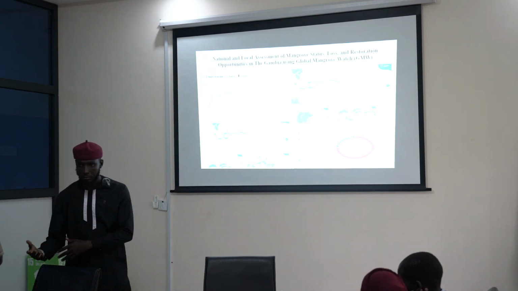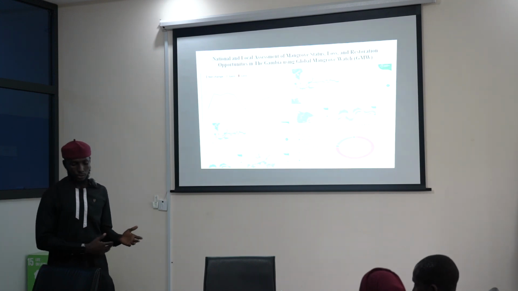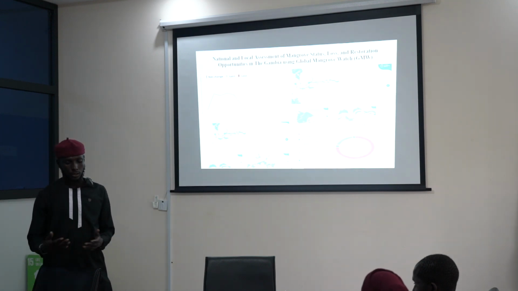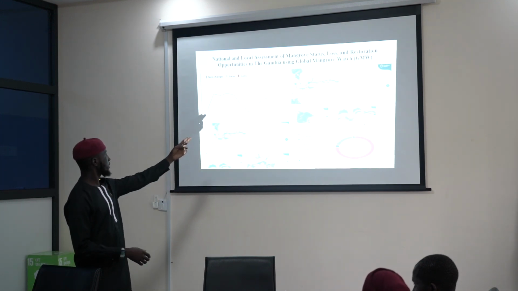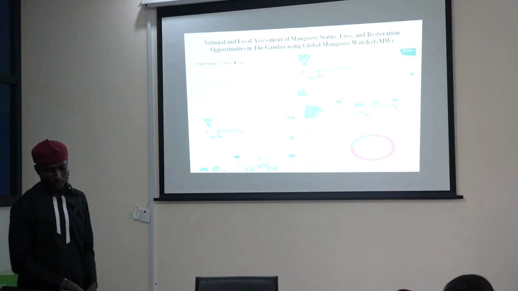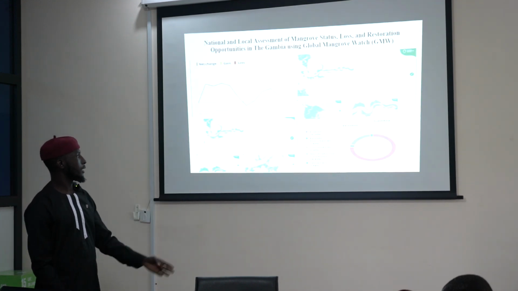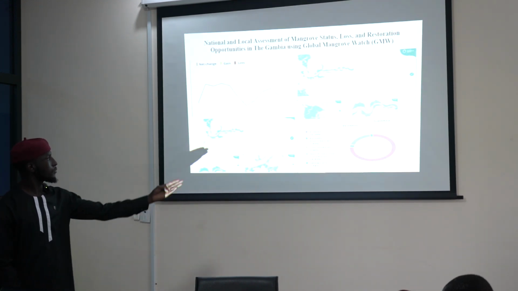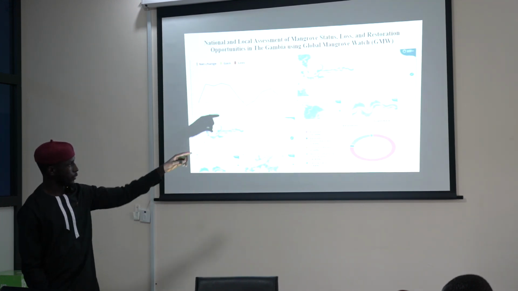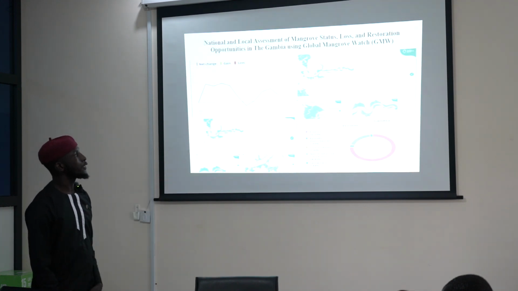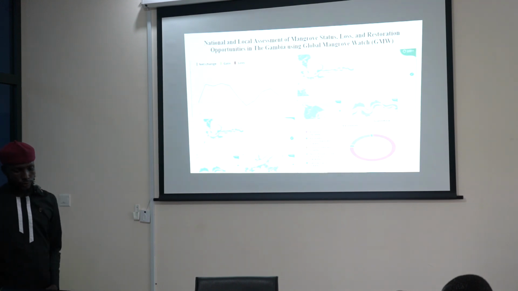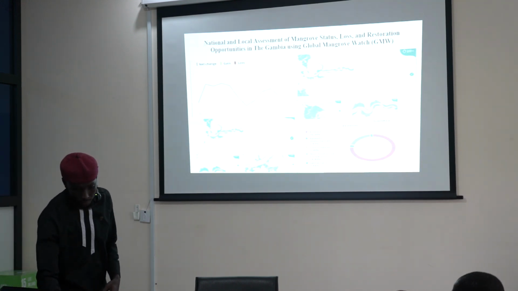Now for the net change, with time series, sometimes you have a gain and sometimes a loss. We've seen, for example, that in 2016 there was a decline in mangrove coverage in the country. Some of these areas are noted there, like in the Greater Banjul area, like the Tambi wetland, which we are able to capture there, and also around the LRR, from the OMVG projects that some of us have presented.